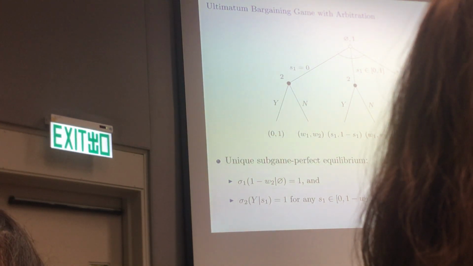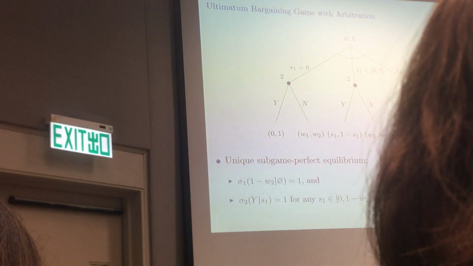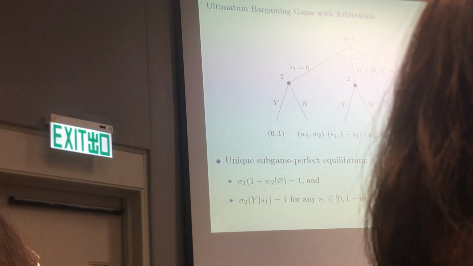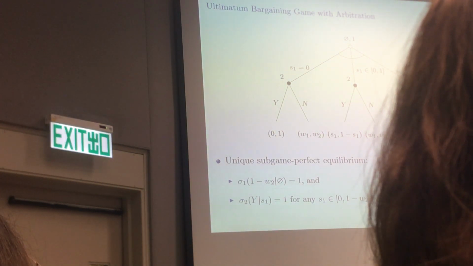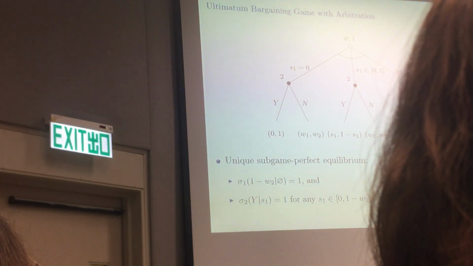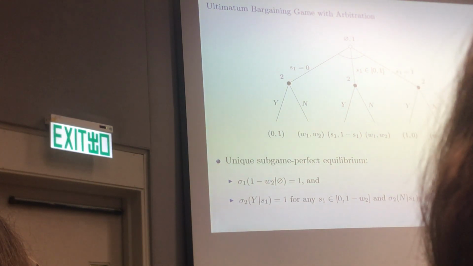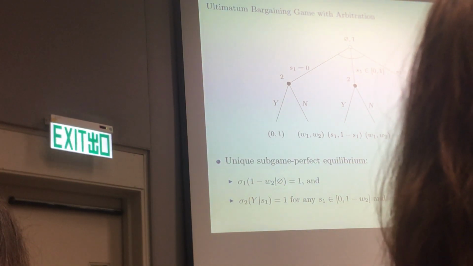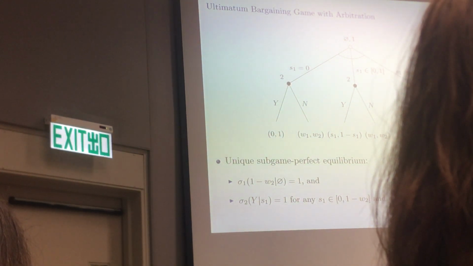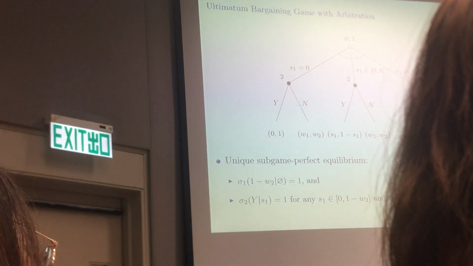Notice that this is the payoff of player 2 if player 2 accepts, and this is the payoff of player 2 if player 2 rejects. So this is strictly larger than this one, which means that player 1 can expect that if I choose S1 strictly less than 1 minus W2, player 2 will accept, so my payoff will be S1.